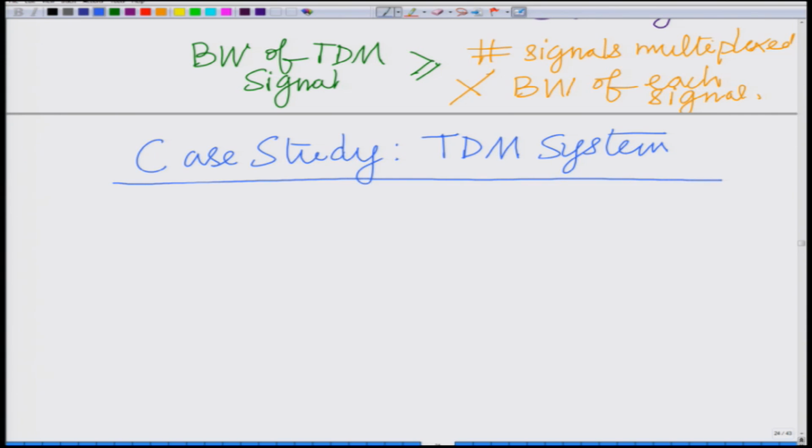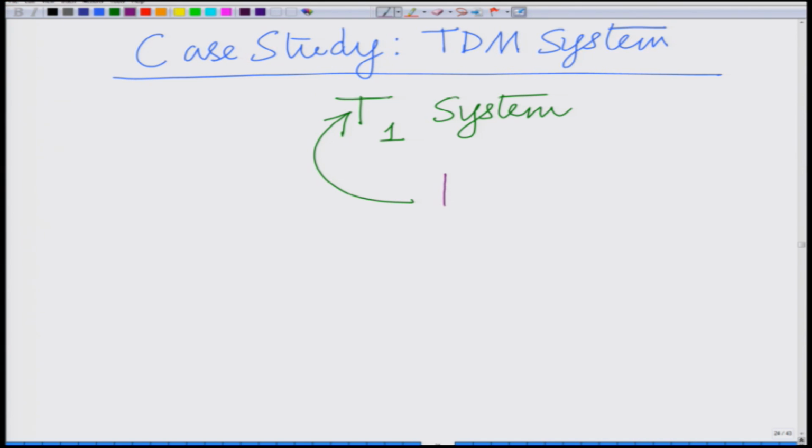In particular, we want to consider one particular TDM system, the T1 system that is used for telephony. This is used for voice communication, voice telephony.